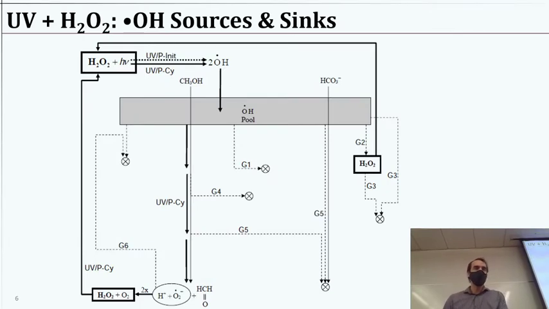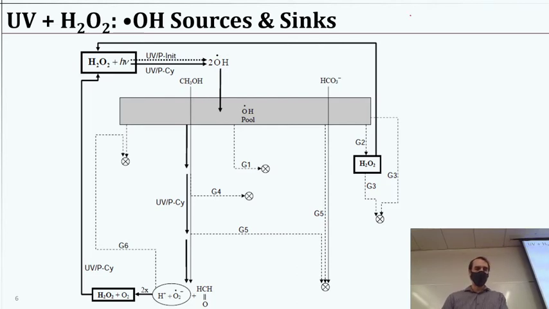Okay, so if we were to take a look at the hydroxyl radical sources and sinks for a typical peroxide UV system, obviously we're adding hydroxyls with this reaction. So we've got hydroxyl radicals adding to the pool there, and then we're going to take a look at 2 important reactions here, one with methanol and the other with bicarbonate.